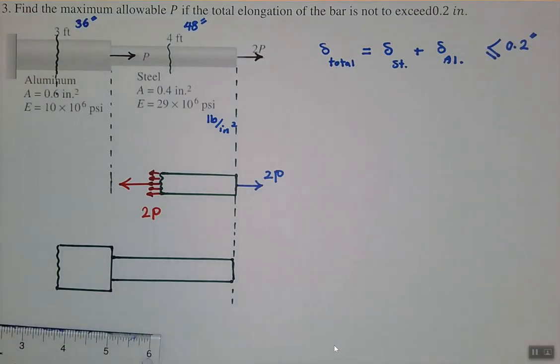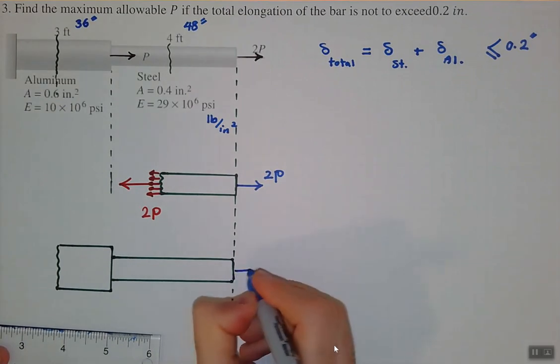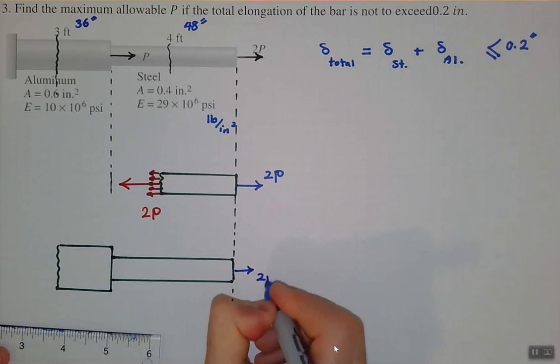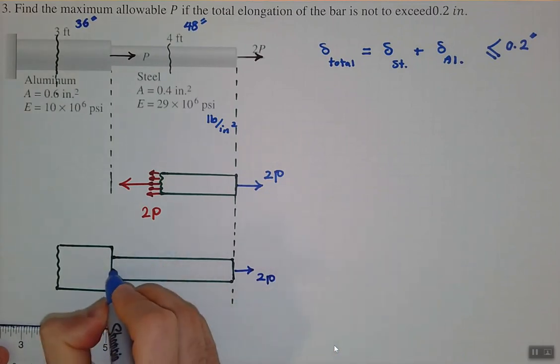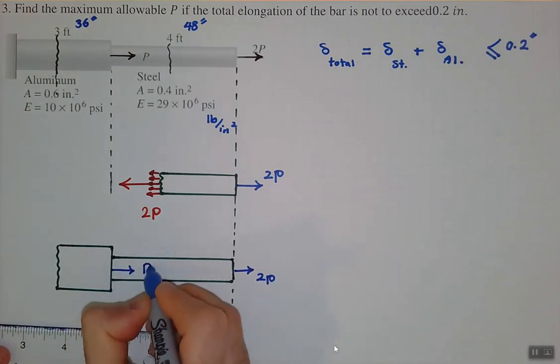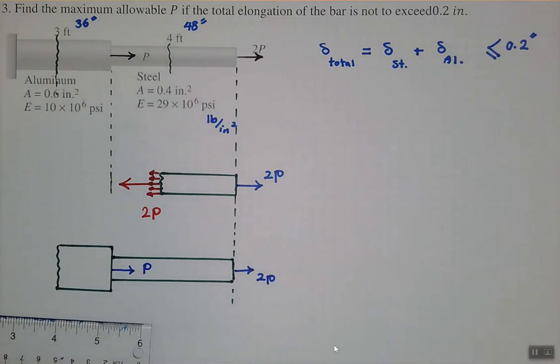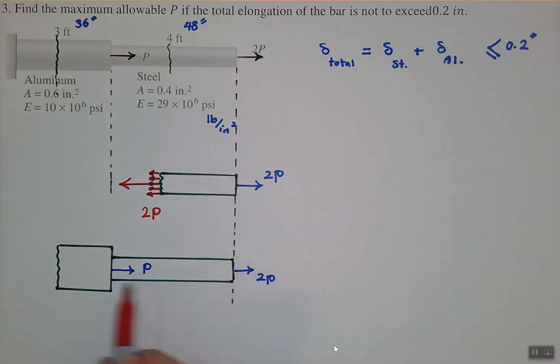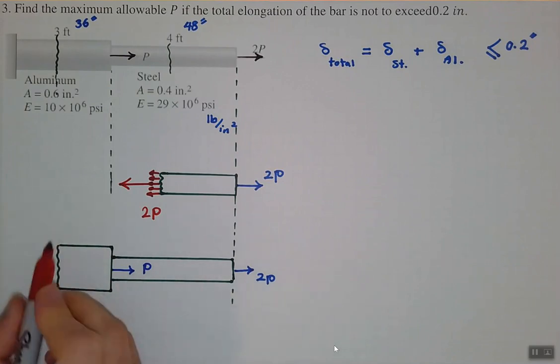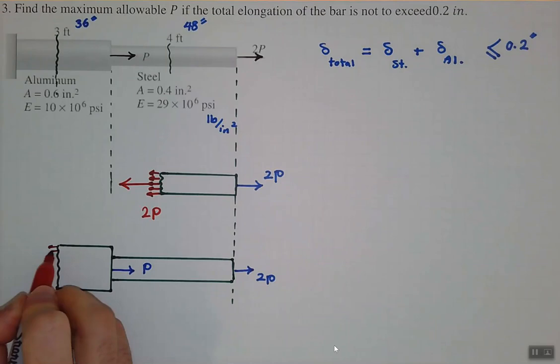So what I have is a 2P over here, and I also have another load P over there. So we can see we have 2P over here, we have 1P over there. So in order to balance these, again we have all these internal stresses or loads.